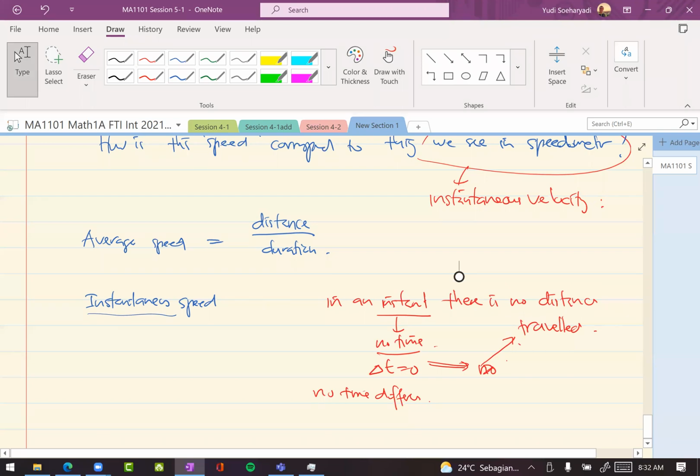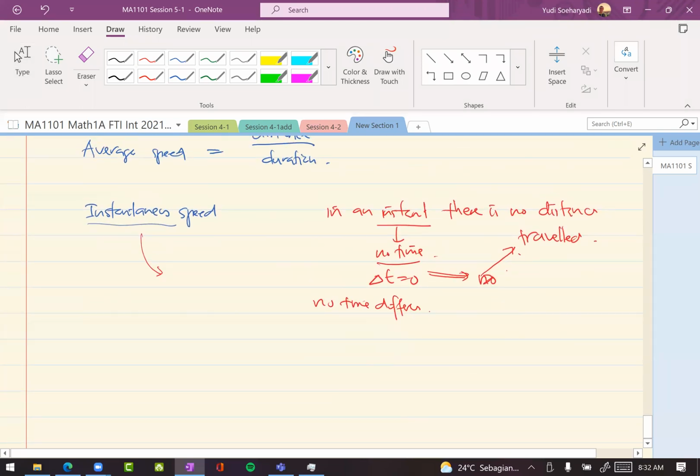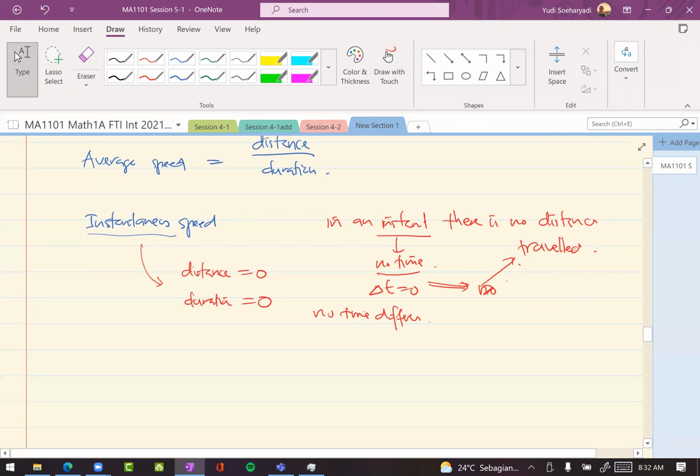Okay. So in instantaneous speed, you have distance equals 0, duration also 0. So in instantaneous speed, it's actually 0 over 0. So you compute nothing. All right. You see what I mean here?